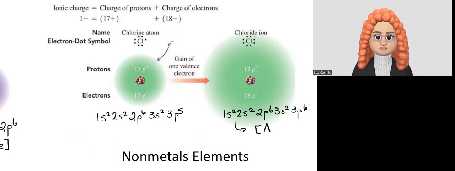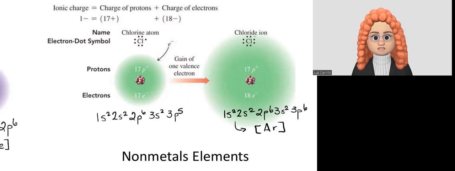So when chlorine accepts an electron, those electrons are similar to the electrons that argon possesses, and we have already seen the stability of noble gases. So let's understand that nonmetals gain valence electrons, producing anions that electronically are very similar to noble gases.